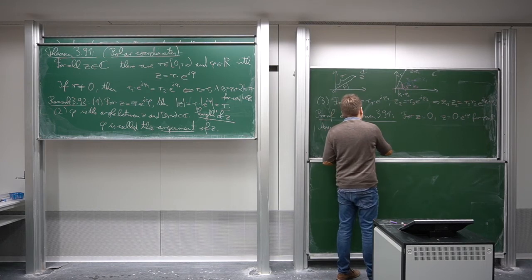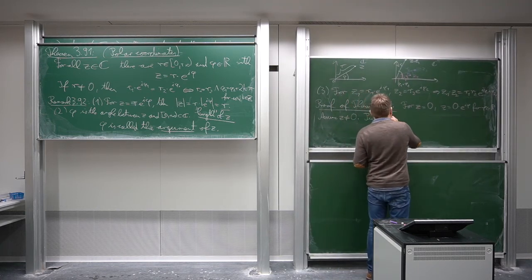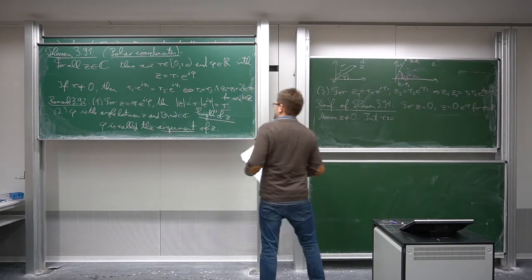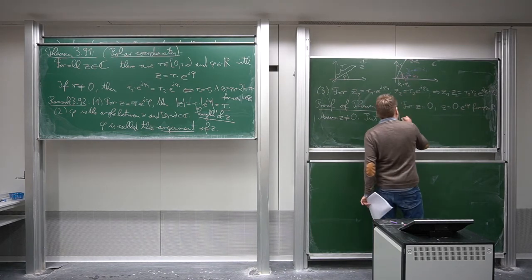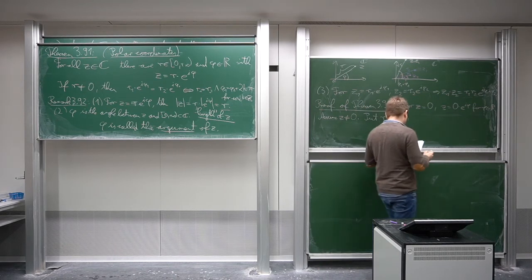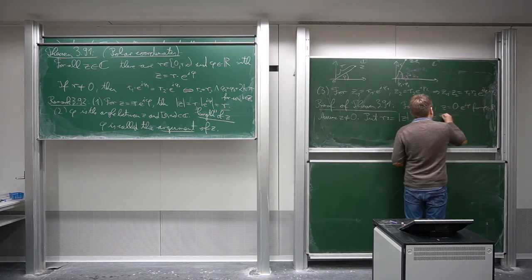In this case, we put r to be, we've seen before that if this r has this property, then this needs to be the absolute value. So this is what we can already define. We define r to be the absolute value of z. And now we make a nice little trick. Namely, we say w should be z divided by r.